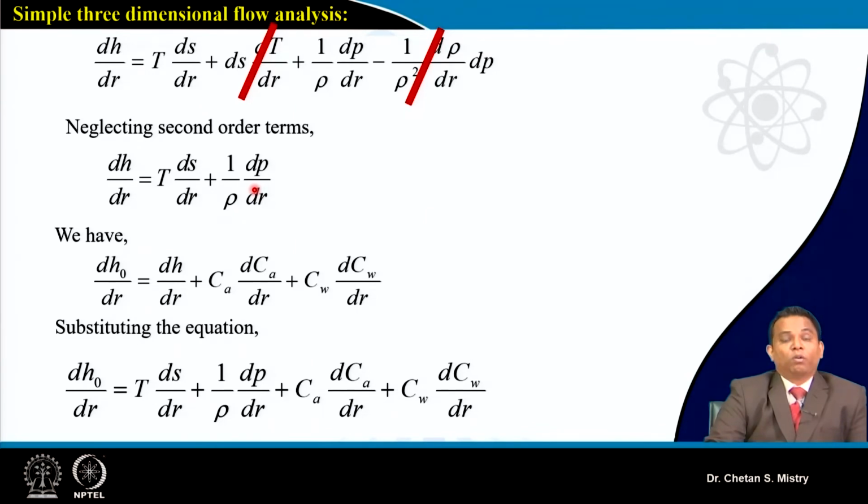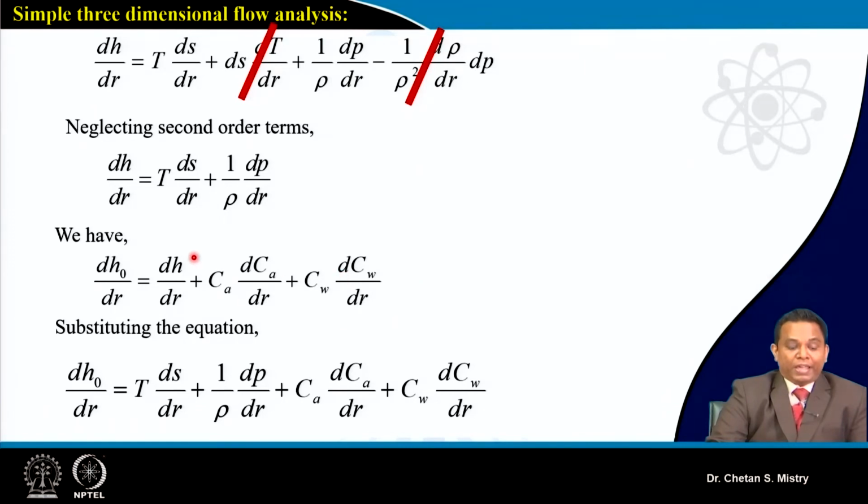Now from our fundamental equation, based on the definition of stagnation enthalpy, we have written dH0 by dr as dH by dr plus the change of axial velocity component and the change of tangential velocity component.